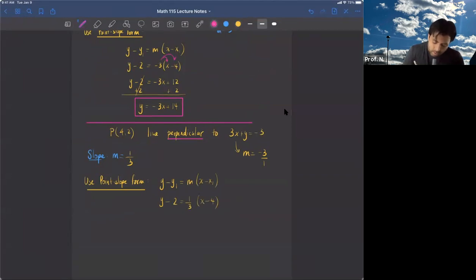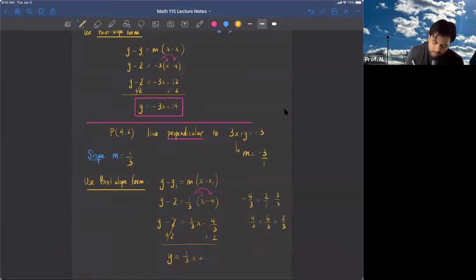Distribute the 1/3. And I get that y minus 2 equals 1/3 x minus 4/3. Solve for y. I add the 2, I add the 2. And I get that y is equal to 1/3 x, and then what's minus 4/3 plus 2 over 1? Make the same denominator. So I get -4 over 3 plus 6 over 3, which equals 2/3.